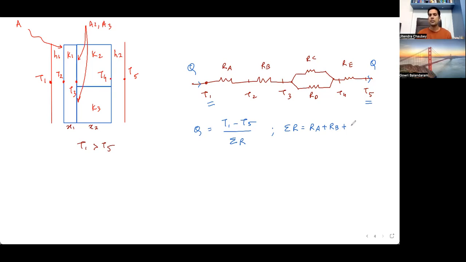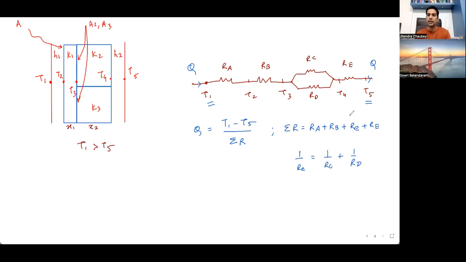Instead, I would recommend writing R equivalent, and next comes your RE, capital E. So this is R equivalent for those two, and this is RE. How to find 1 upon R equivalent? 1 upon R equivalent will be 1 upon RC plus 1 upon RD. Now you can do the mathematical relation and then substitute over here.